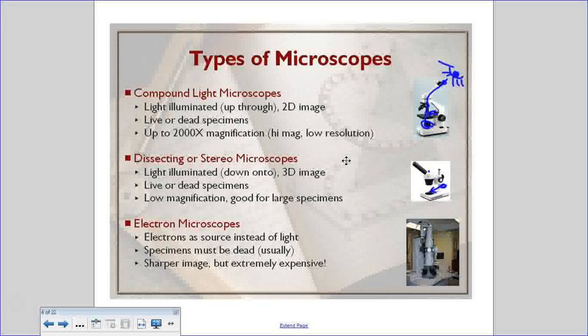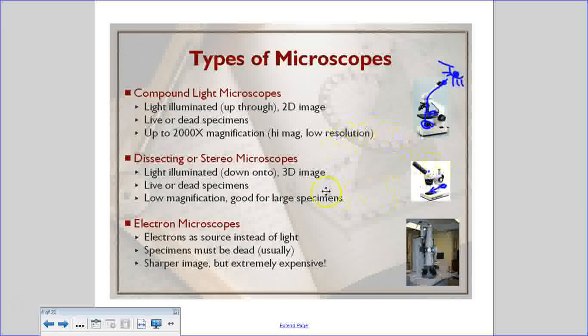There are lots of different specimens that you can look at that are relatively low cost for what we do in school. We get up to 2,000 times magnification, so you get fairly high magnification but low resolution, meaning that you can't see as much detail. You can make it bigger, but you can't see a lot of detail within it.